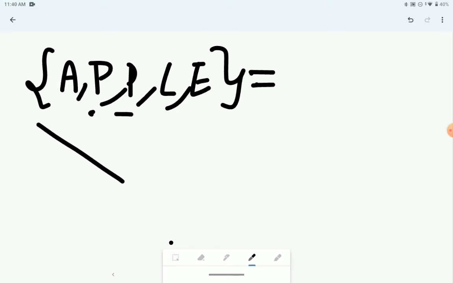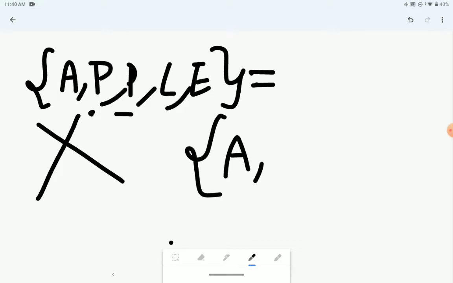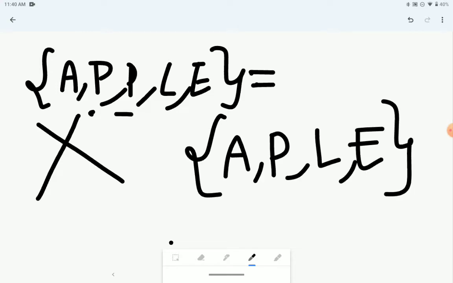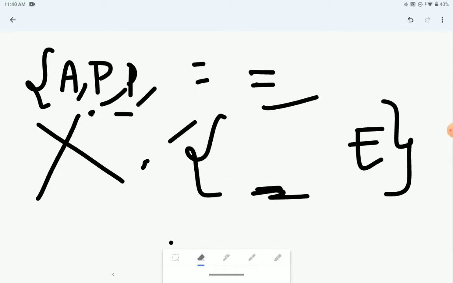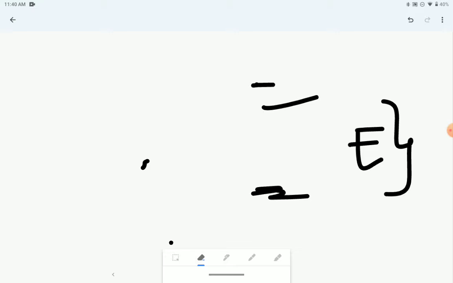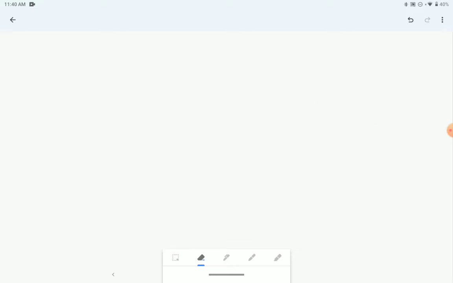But this is the wrong way to represent a set. The right way is A, P, L, E. No matter how many times an element is repeated, if the element is present in that word, it should be written only one time. Likewise here. So repetition shouldn't be there in roster form.